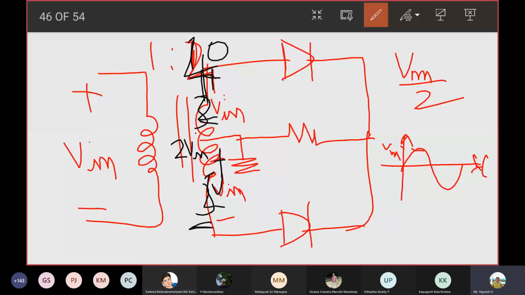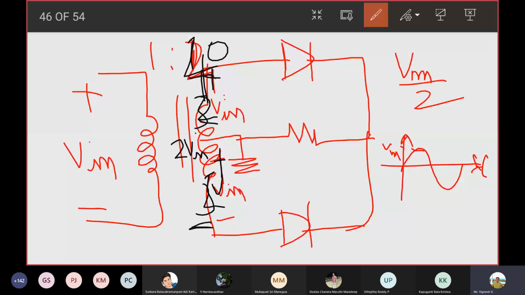But if I give you two apples, one is crunchy and one is not crunchy, you will tell this apple is better than this apple, right? So if you keep the transformer turns ratio as same 1:1 for all the three circuits, which circuit is better? Then obviously bridge, sir. Bridge rectifier is better, right? Yes, sir.